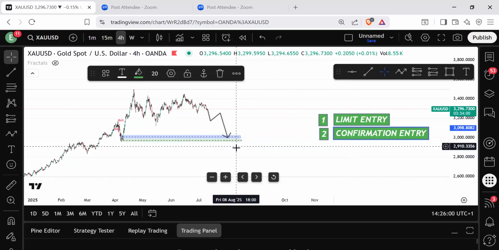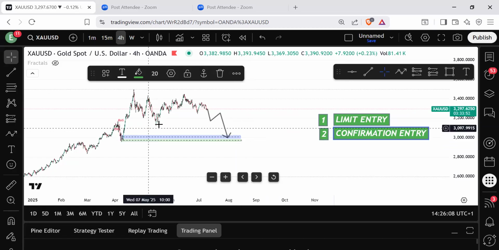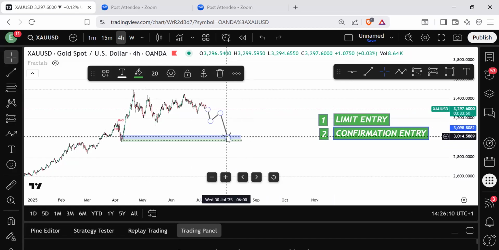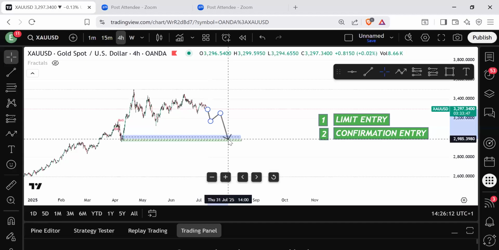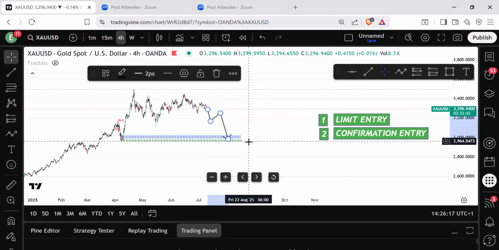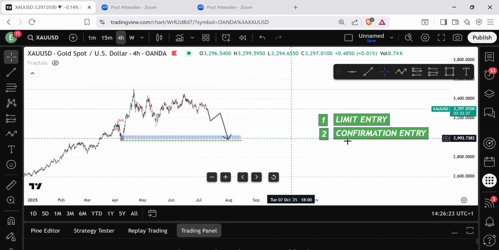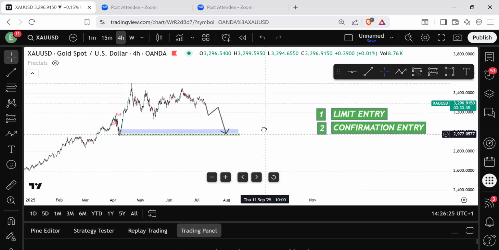The change of the time frame will happen only after it touches the zone, or we can do it in advance? It will only switch after price comes to the zone. Okay. So let's say, for example, it is like this now. So we'll now switch to the lower time frame.